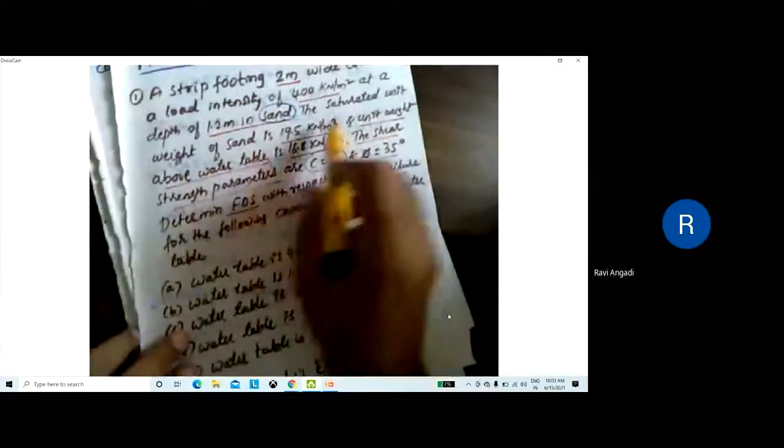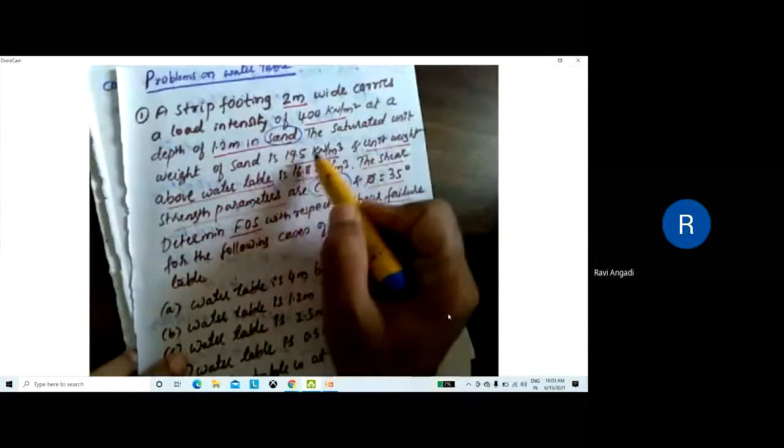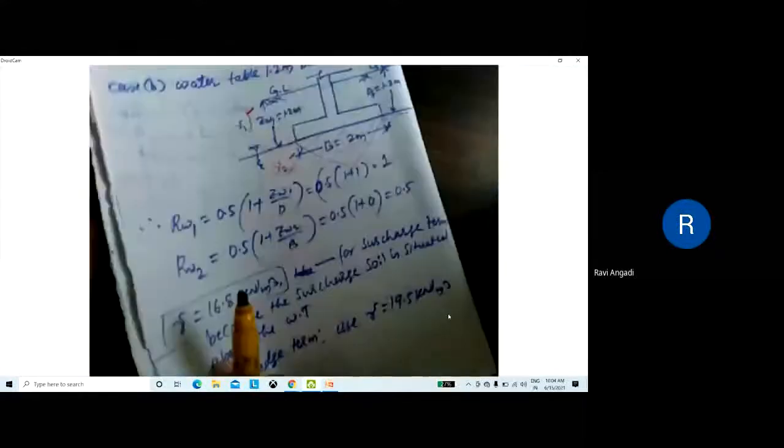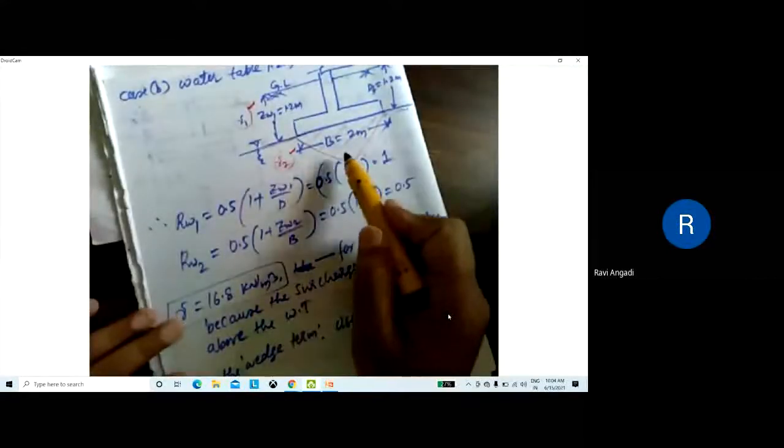What is the gamma given? See, what is the saturated unit weight given in the problem? How much to be taken as saturated weight? 19.5, since that wedge soil is lying in the water, yes or no?